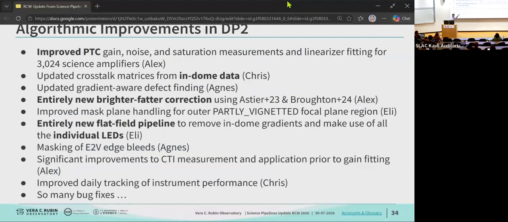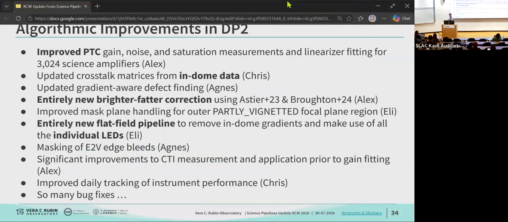So here's a long bullet point list of some of the main algorithmic improvements that we made in DP2. At the top, we improved fitting of the photon transfer curve. This is what we use to calibrate the gain, the noise that we use for variance plane estimation, and also how we estimate the saturation point of sensors.